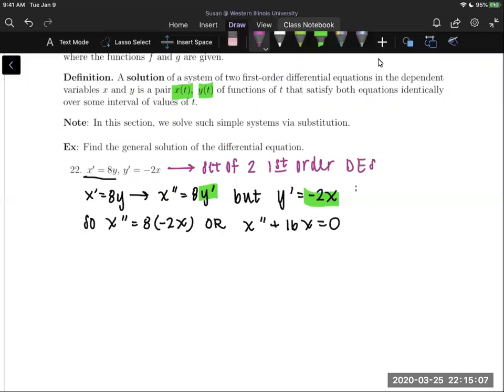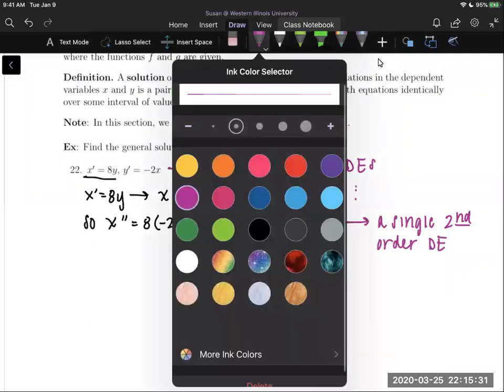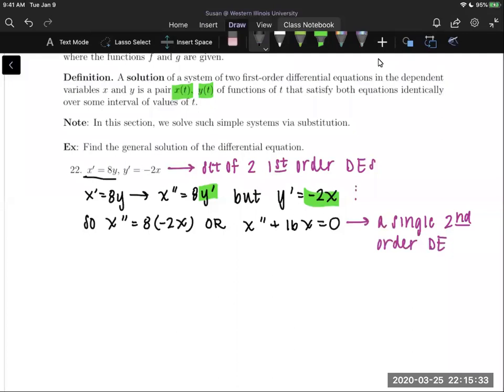And then through this process, I have now obtained a single second order DE. So through this substitution process, I did pay for it by raising the order of my DE, but still, we spent an entire chapter, Chapter 3, learning how to solve these DEs. And so even though we went up a degree, we still know how to solve this.